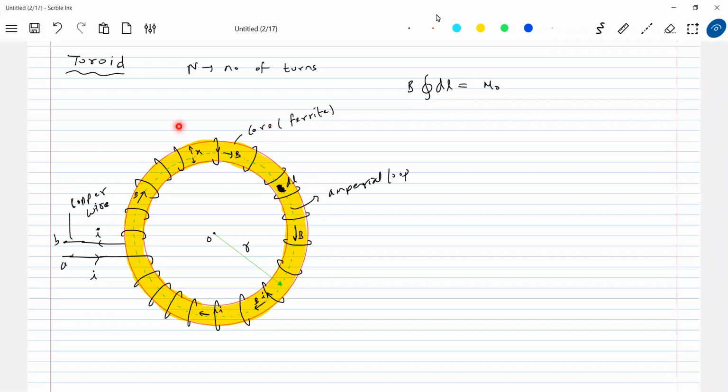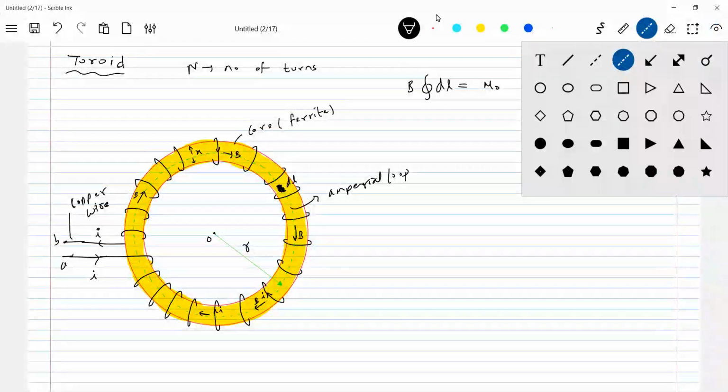What is B bar? I think Ampere's law will really help you a lot. If you draw an Amperian loop here, what will happen? How much current enters, that much it will leave, no? So altogether, what is actually happening here?